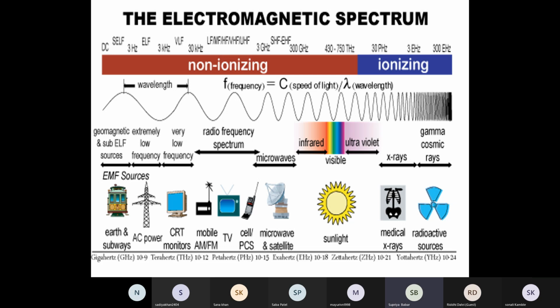X-ray comes between 10 raised to minus 2 nanometer to 15 nanometer. Then there are the gamma rays, which are the cosmic rays. So going from UV to gamma rays, you can see an increase in the energy.